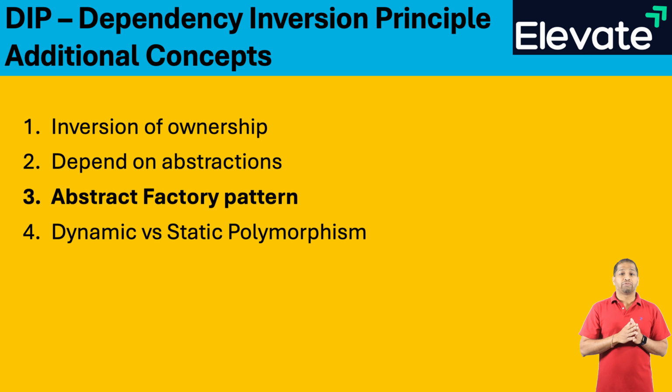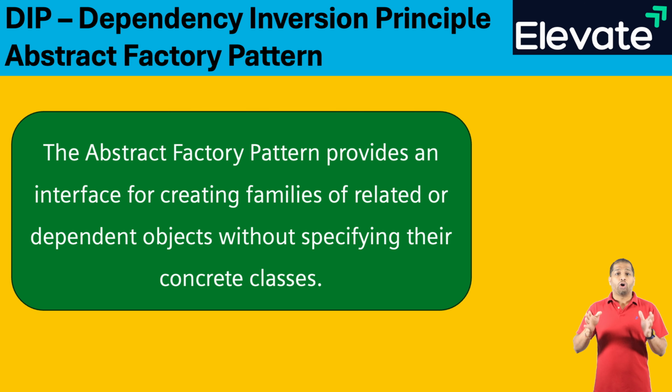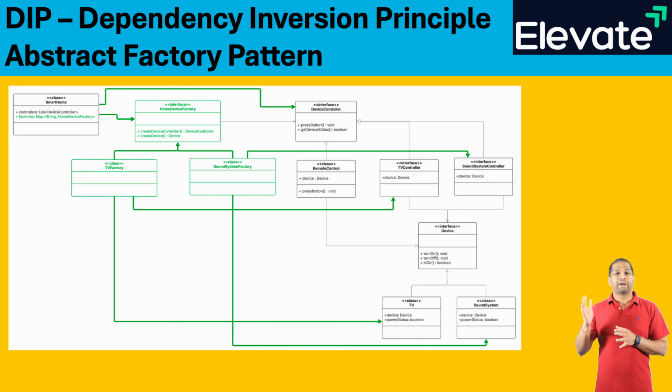Next, the abstract factory pattern provides an interface for creating families of related or dependent objects without specifying their concrete classes. Let's see how the abstract factory pattern helps comply with the dependency inversion principle in our smart home system. The abstract factory pattern strengthens our adherence to DIP by introducing abstraction layers for both product creation and the products themselves.